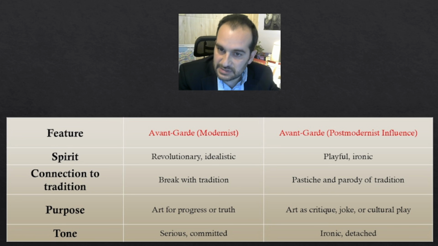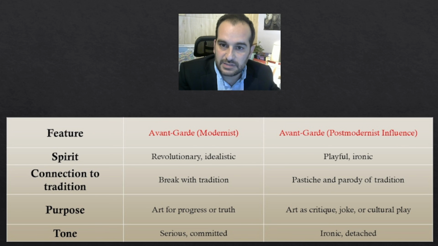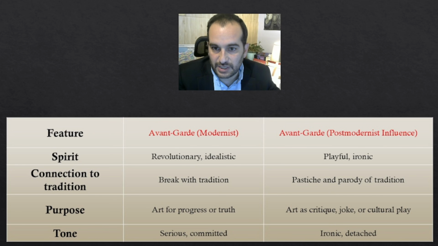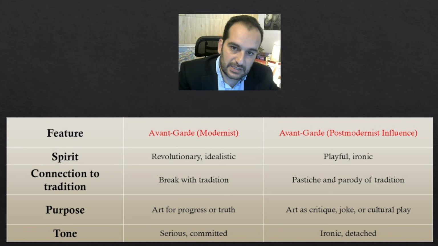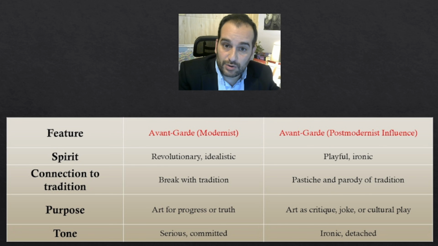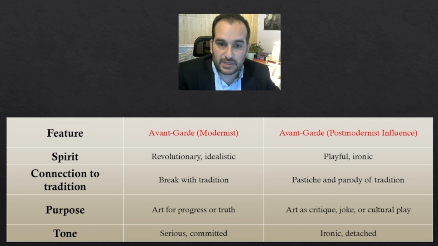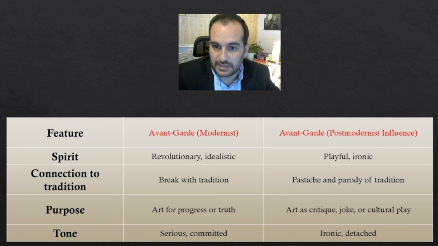Here we see similar things, but replaced with different techniques or literary devices like pastiche and parody. The purpose of the avant-garde in the modernist period was art for progress. And here in the postmodernist era, we see art as a critique or joke or cultural play. The tone in the modernist period was serious and committed. In the postmodernist, it's ironic and detached.